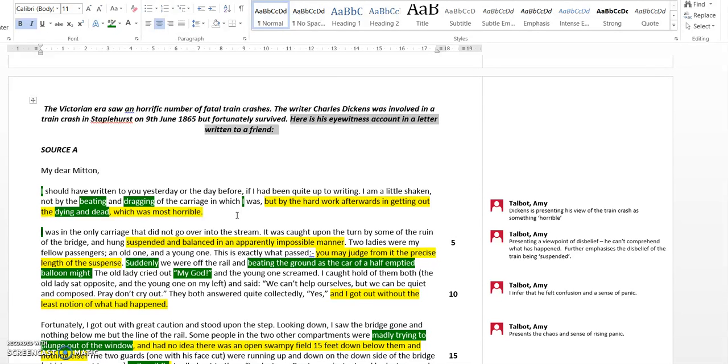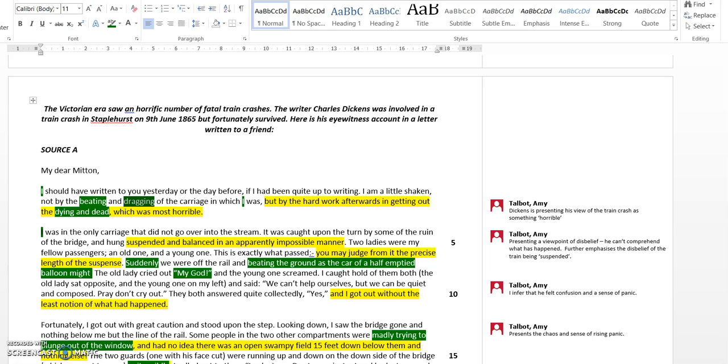But looking more closely at source A, we already established in question 2 that Dickens is presenting his view of the train crash as something quite horrible. So he presents the horror of the train crash. Now if we do a little bit of analysis to work out how he's actually doing that. The first thing I've highlighted here is a couple of powerful, dynamic verbs. He talks about the carriages beating and dragging. So those violent, powerful verbs.